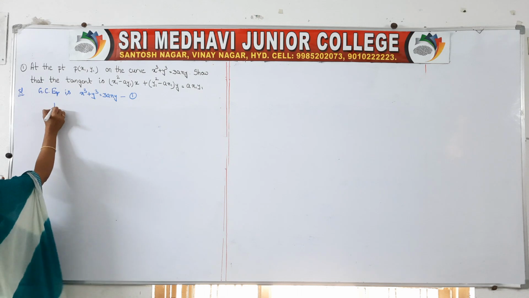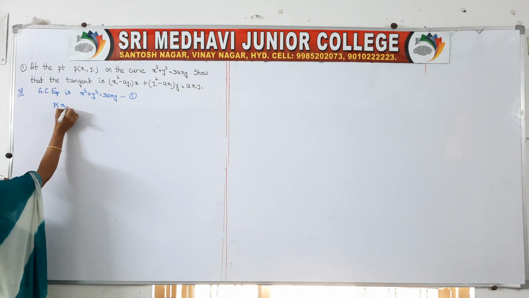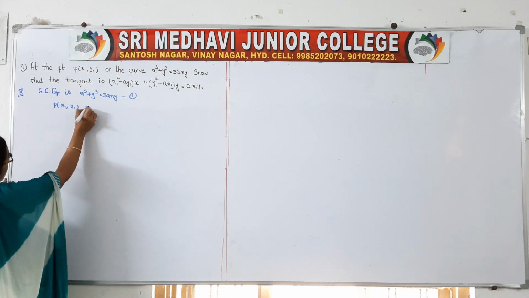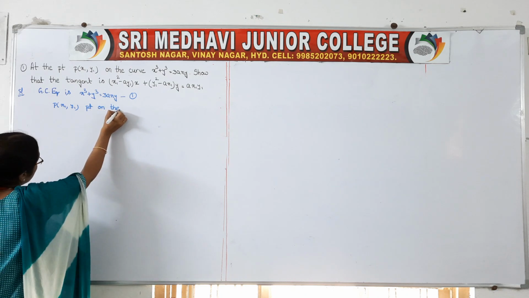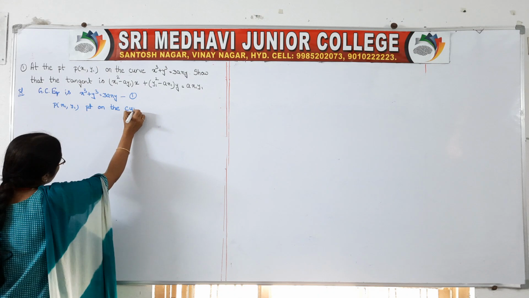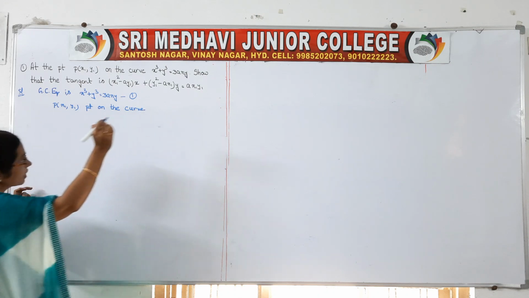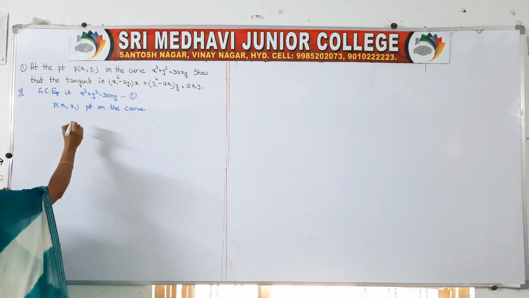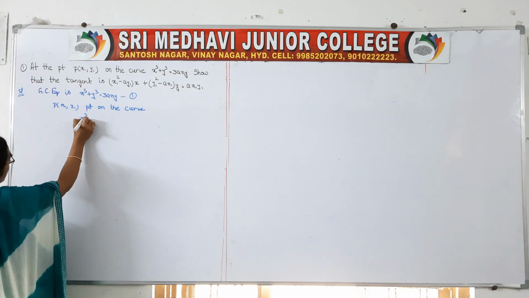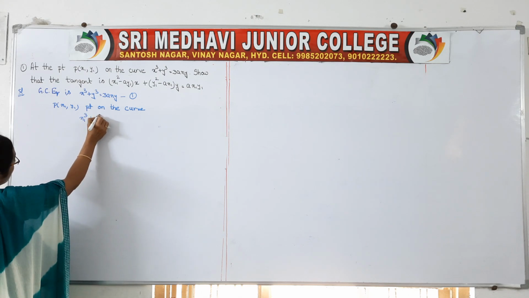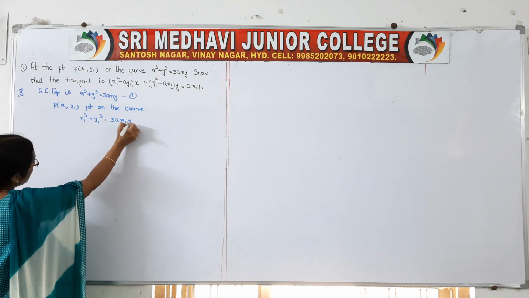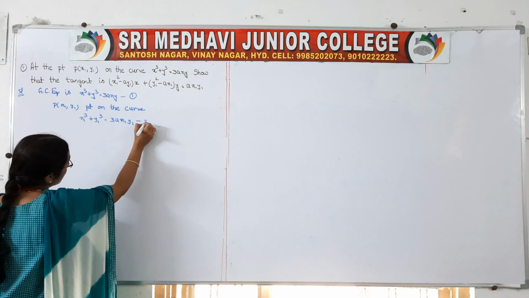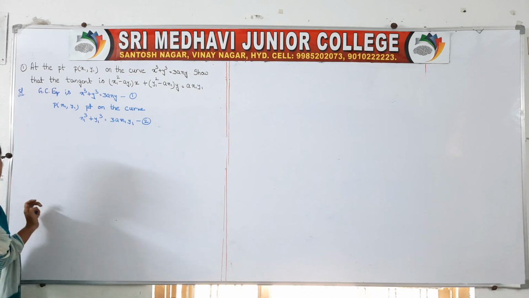So P(x1, y1) is a point on the curve. If the point lies on the curve, it satisfies the curve equation. So it is x1 cube plus y1 cube is equal to 3ax1y1. That is our second equation.